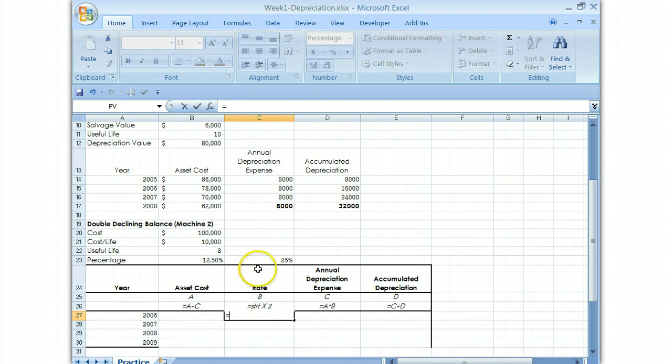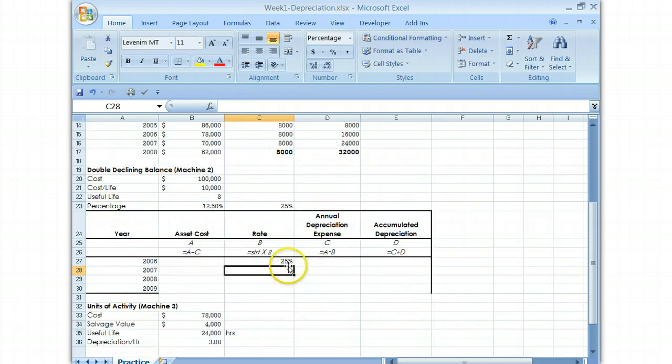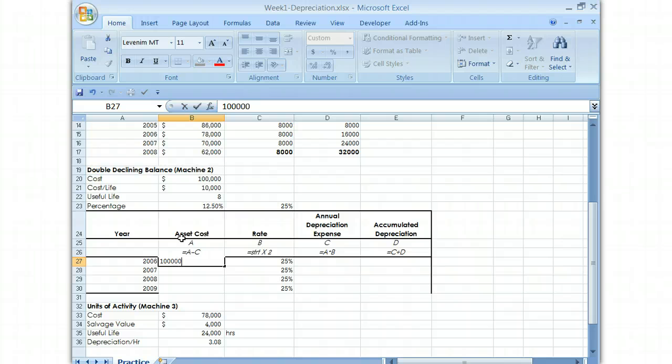So we want to go ahead and put that rate into our little chart here, and I'm going to again make that an absolute reference so I can copy that all the way down in my little chart. And the rest of this, I've kind of given you a little guide here on how to fill this in. Sometimes it gets a little confusing. So for 2006, we want to put in our original cost here, which was our $100,000.